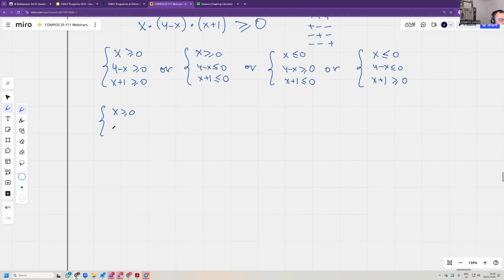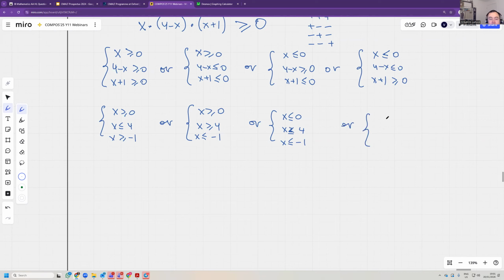So x greater than 0, x less than or equal to 4, x greater or equal to -1, or x greater than 0, x greater or equal to 4, x less than or equal to -1, or x is negative, x is less than or equal to 4, and x is less than or equal to -1, or x is less than 0, x is greater than 4, and x is greater than -1.